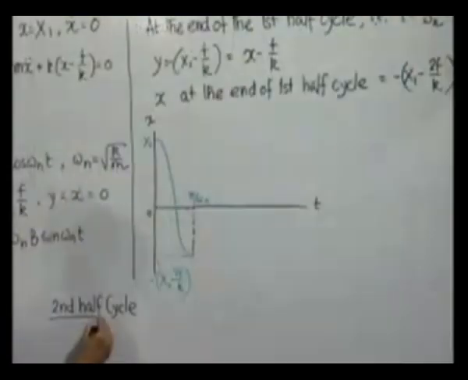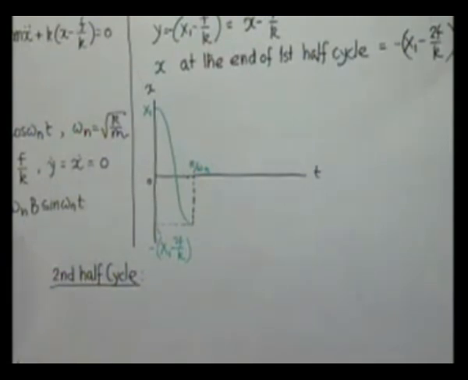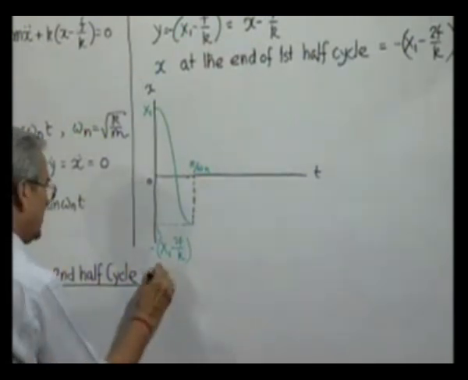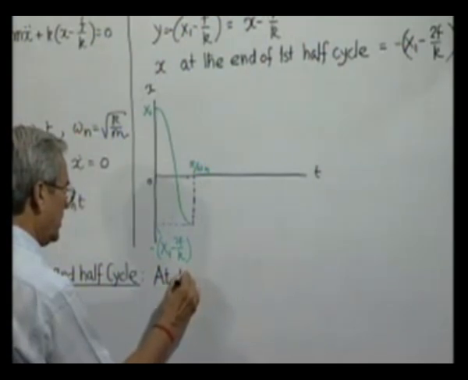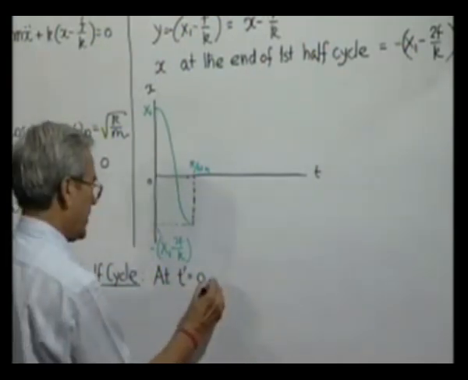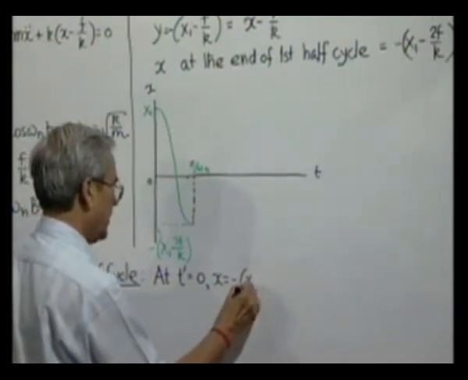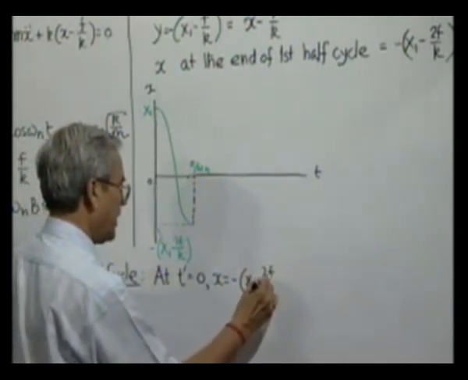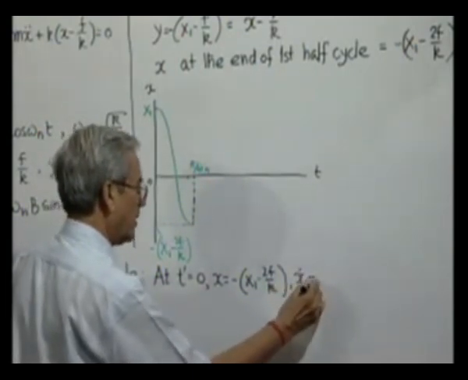Second half cycle. In the second half cycle, what will be the initial conditions? Let us have another time t prime equal to 0, x equal to minus x1 minus 2f by k and x dot equal to 0.